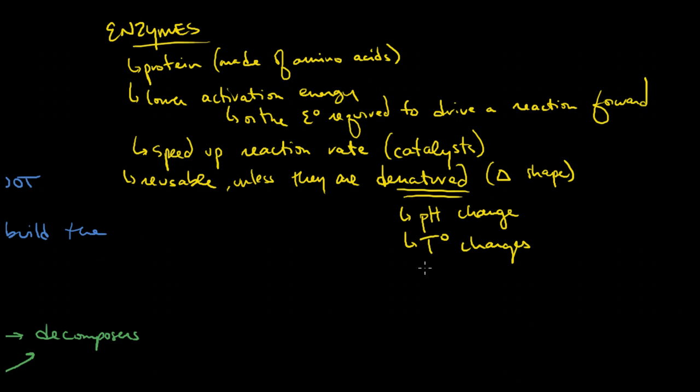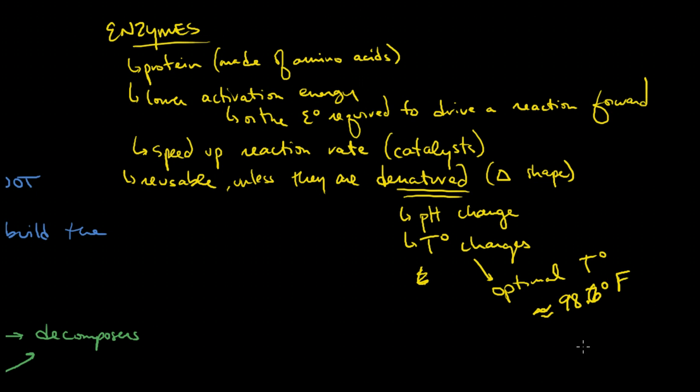We'll talk about pH in just a minute, but the optimal temperature for all enzymes in the human body is about 98.6 degrees Fahrenheit.